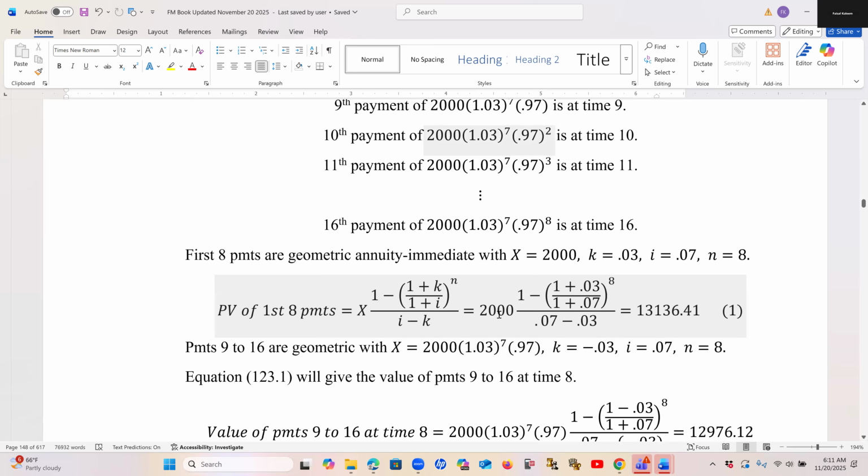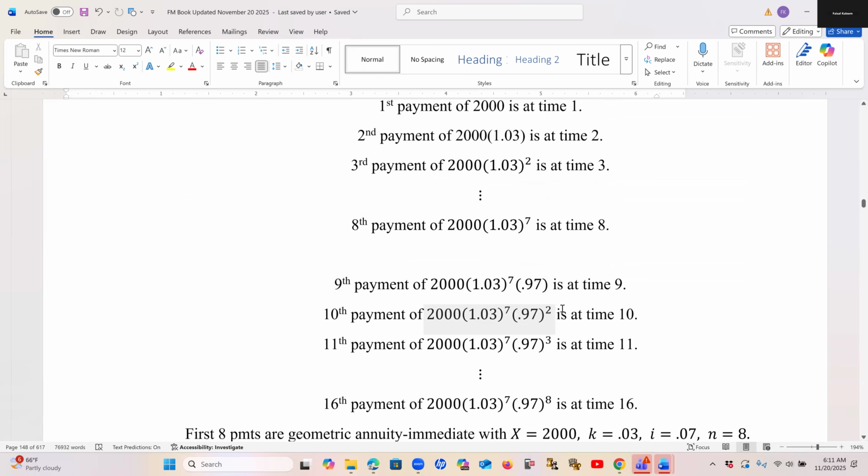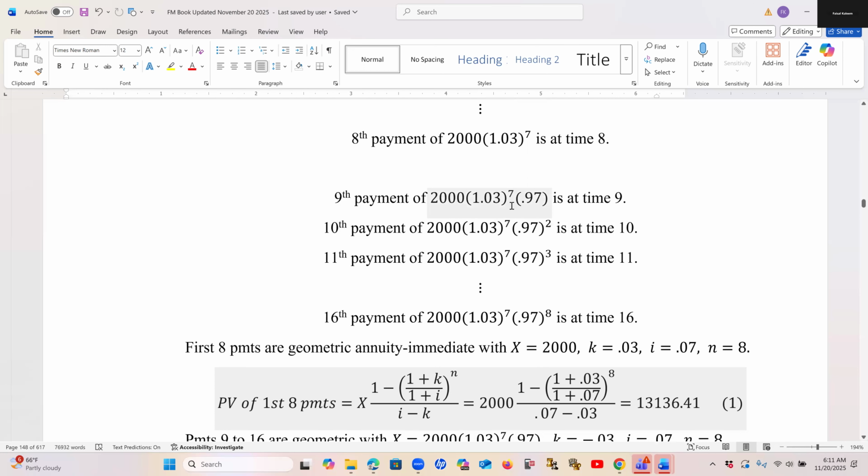So that's 1,000 times (1 minus (1.03 over 1.07) to the power 8) over (0.07 minus 0.03), where k is the 3% growth rate and the interest rate is given to be 7%. This gives us the present value of the first 8 payments to be 6,568.20.